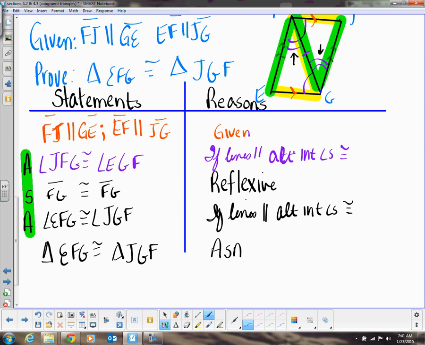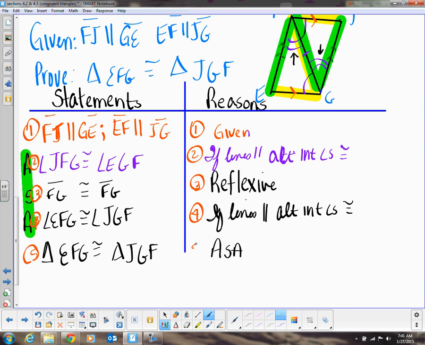Angle, side, angle. Now, we number our statements and we number our reasons so we know who goes to whom. So this is just like you've been doing, except we're getting rid of the parentheses. This should be a 4. 4 comes after 3.